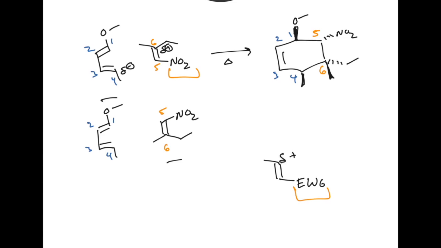So you have to remember your electron withdrawing groups from Friday, when I gave you a list of all your electron withdrawing groups. You have to remember those so you can look at your dienophile and go, oh, that's my electron withdrawing group, opposite side is positive. Make sense? Excellent.